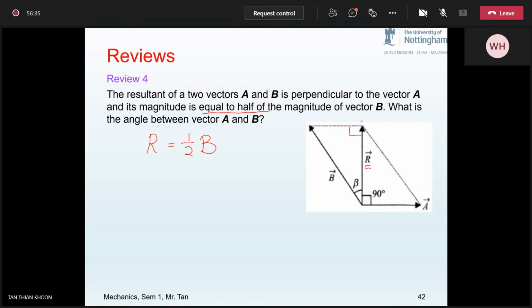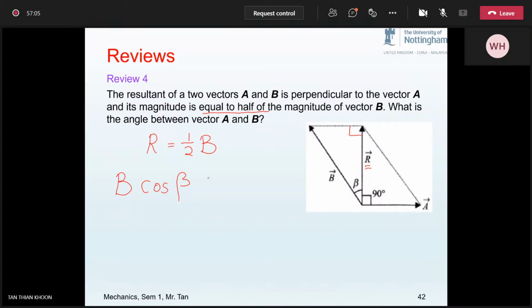So it means that R is just one component of vector B, which we can write as B cosine beta. Everyone agree? B cosine beta is R, right?